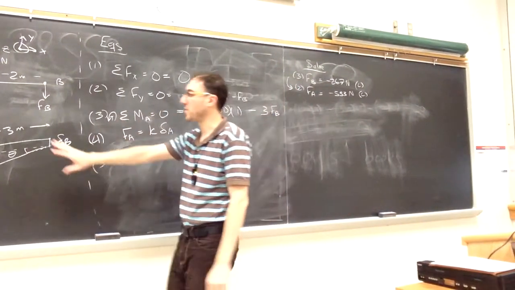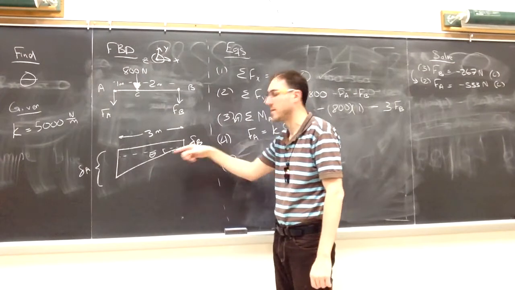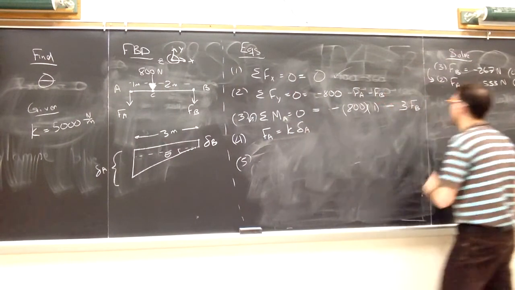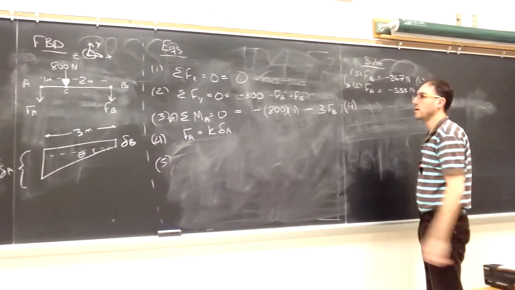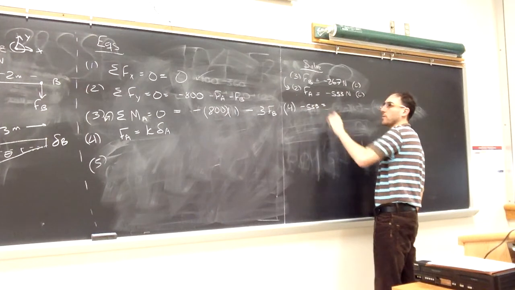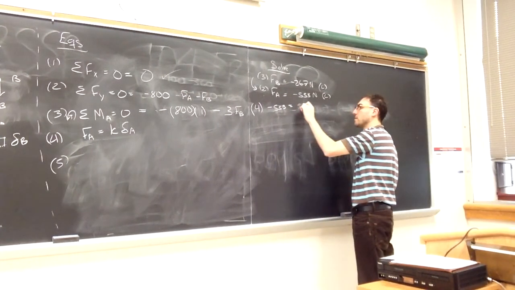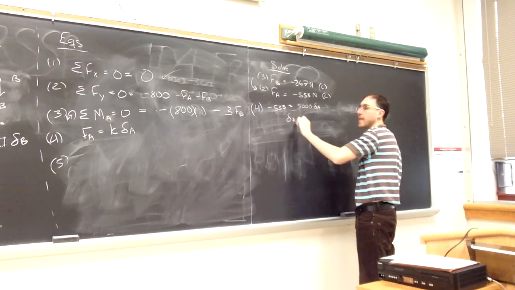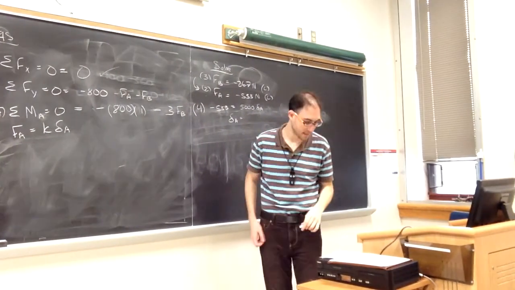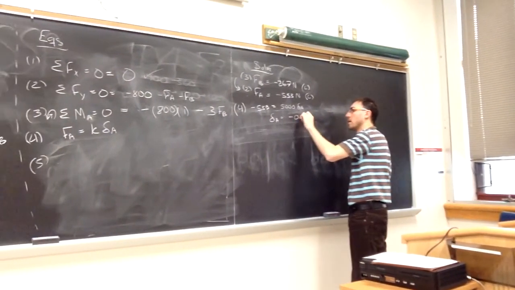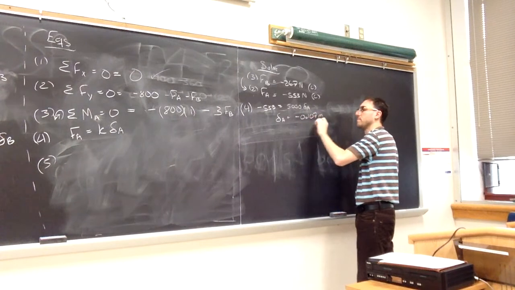Also, keep in mind this is going to be a geometric picture, so distances are always positive. When we solve equation 4, negative 533 is equal to K, which is 5,000, times delta A. I do get delta A as a negative value because it is compressing. I get delta A as a negative 0.107 meters.